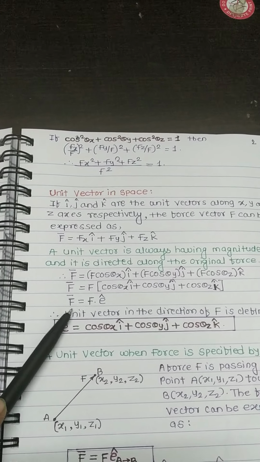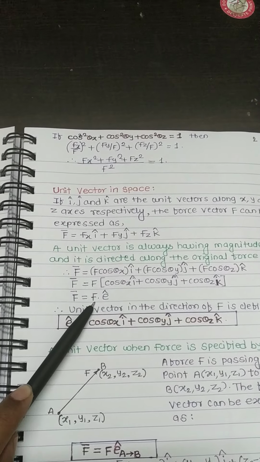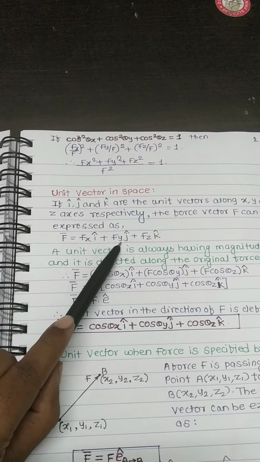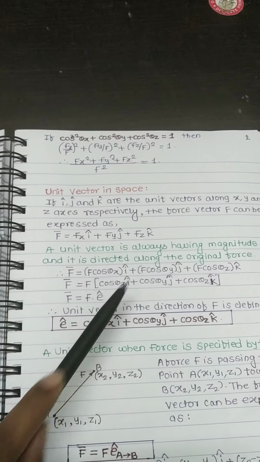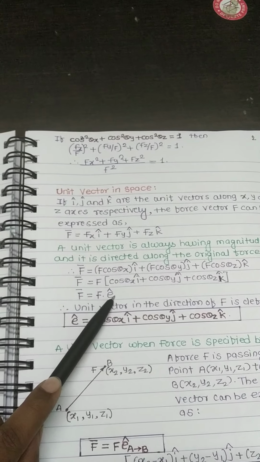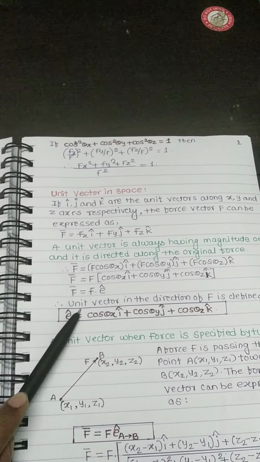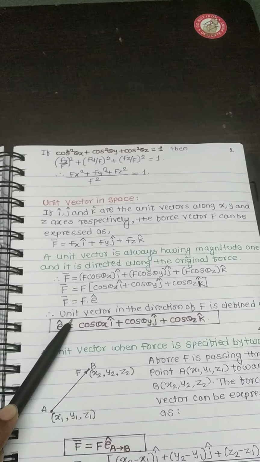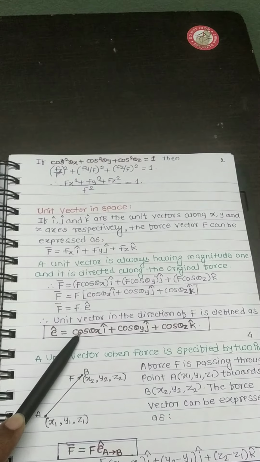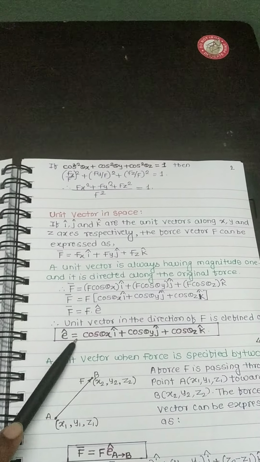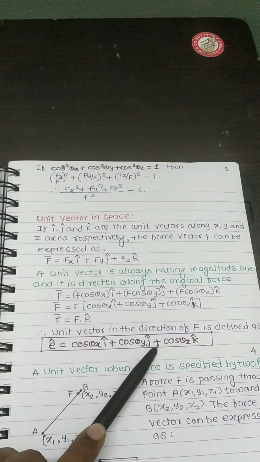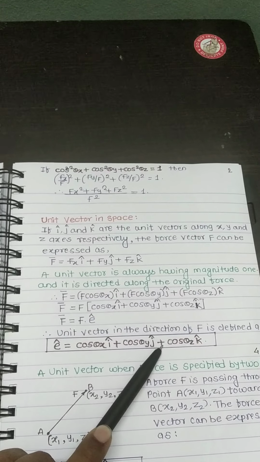By definition, a vector can be expressed as magnitude of the force into unit vector, and the value of the unit vector is always 1. It is always directed along the original force. The unit vector in the direction of F is defined as e cap equals cos theta x i cap plus cos theta y j cap plus cos theta z k cap when the direction cosines are given.